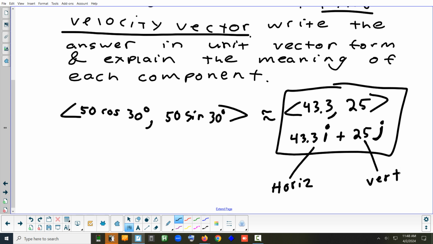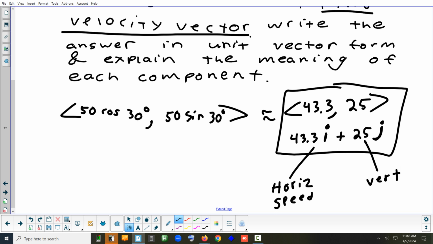But what does that mean in this problem? Because it's traveling at 50 miles an hour at an angle of 30 degrees. So, forward force? No, not a force. It is a speed. But yeah, it's the horizontal component. It's the horizontal speed of the object. What does that really mean?